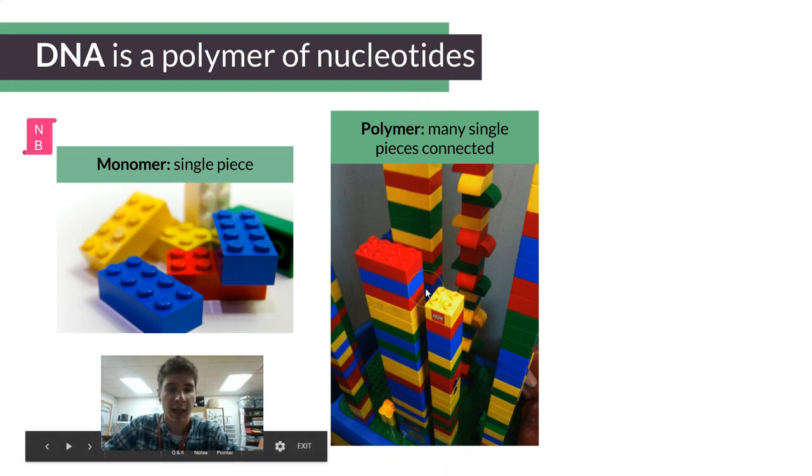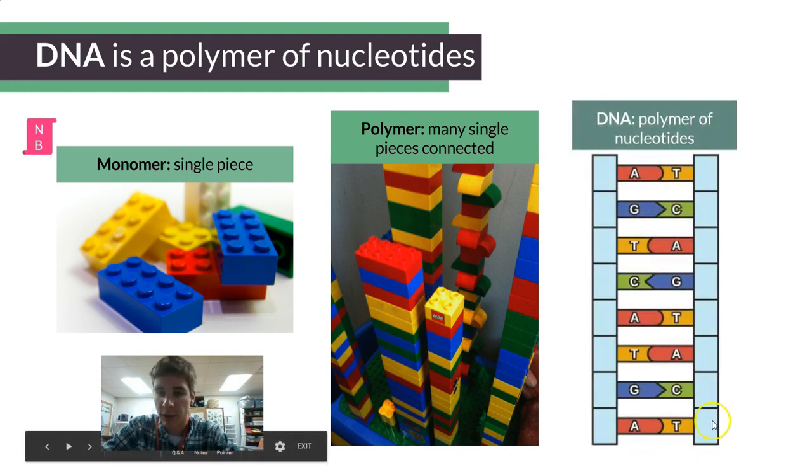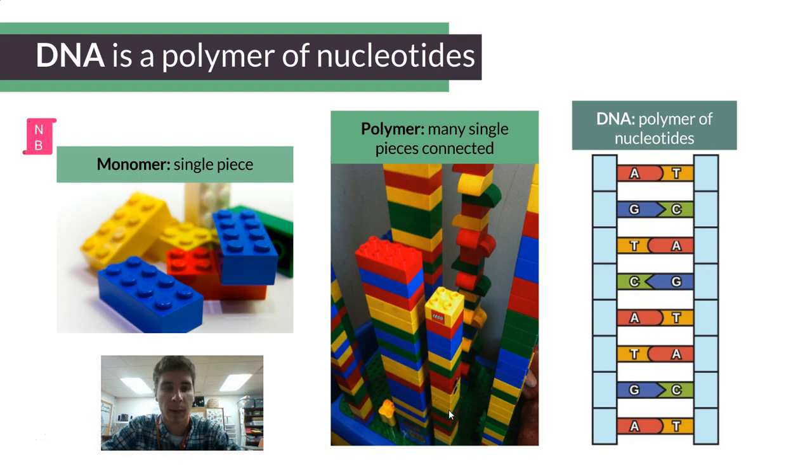And so DNA is very similar in that it is a polymer, and each one of these things right here, like the single Lego piece, gets stuck to another one, gets stuck to another one, gets stuck to another one, and we build these really long chains of DNA. So DNA is a polymer of nucleotides, the same way that this tower is a polymer of Legos. All right, that's the analogy that we're going to be operating under.